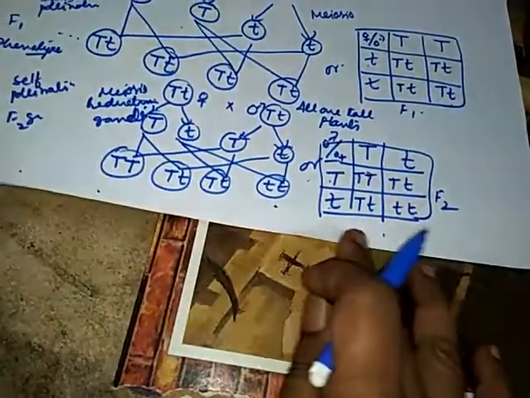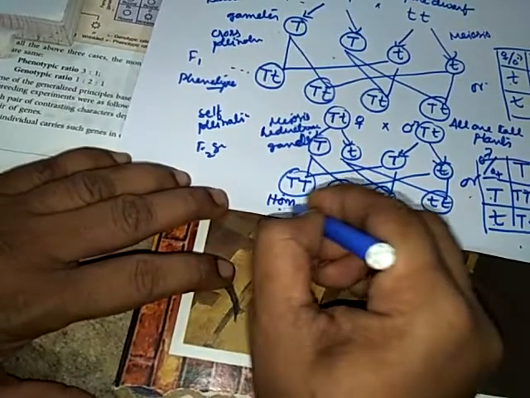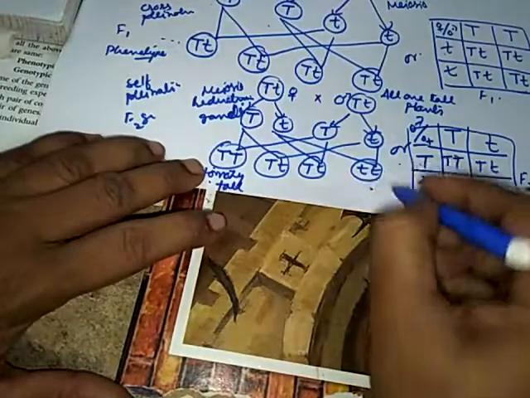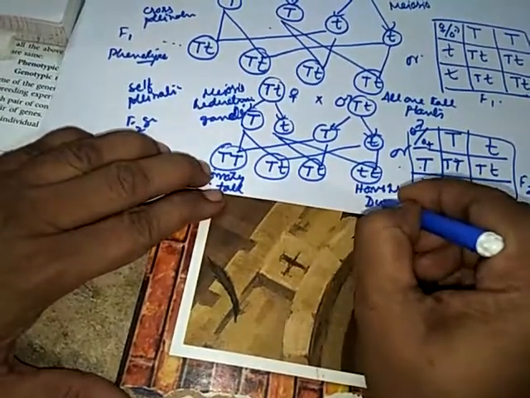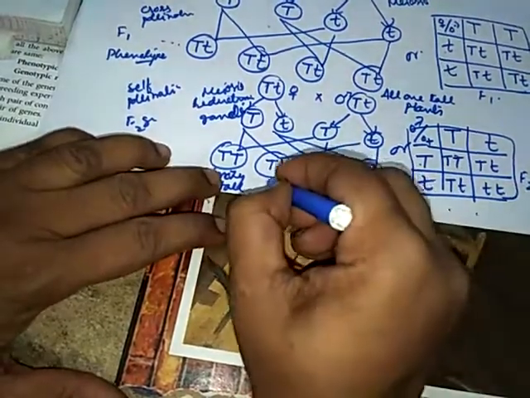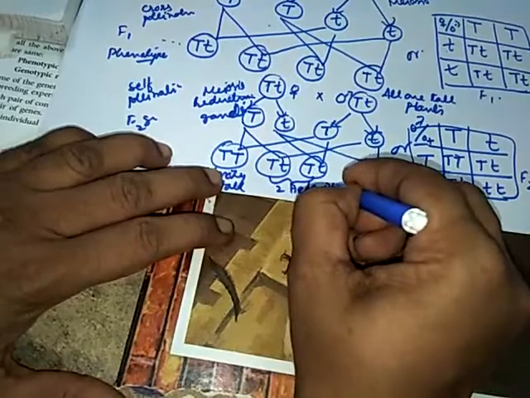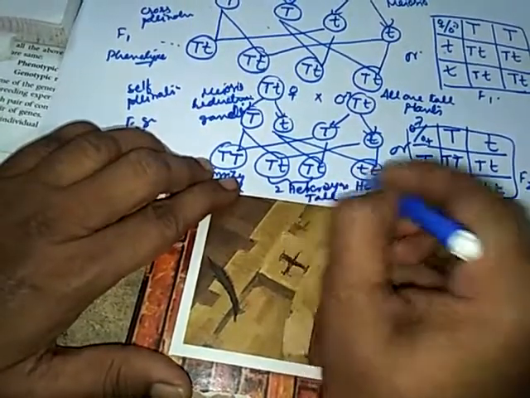This is from the F1 generation. Here one is homozygous tall, here is homozygous dwarf, and here two cases are heterozygous tall.